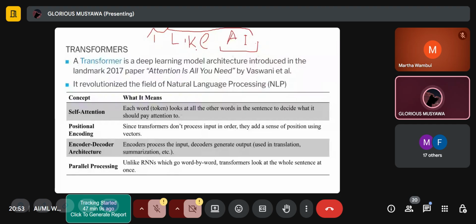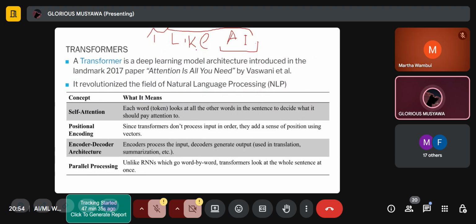Others are encoder-decoder. An example of an encoder-decoder is Google Translate. When I speak in Swahili, the translator understands my words in Swahili. That understanding is the encoder. Then it translates it into English.